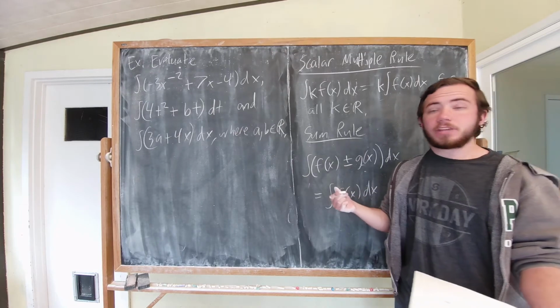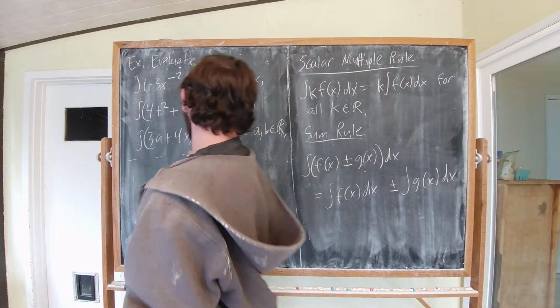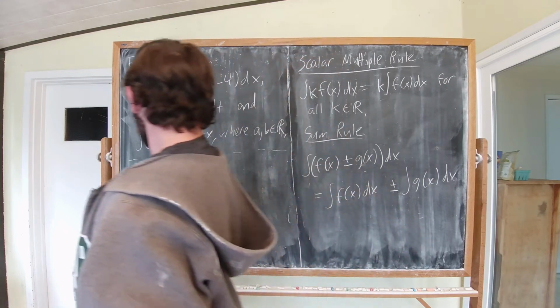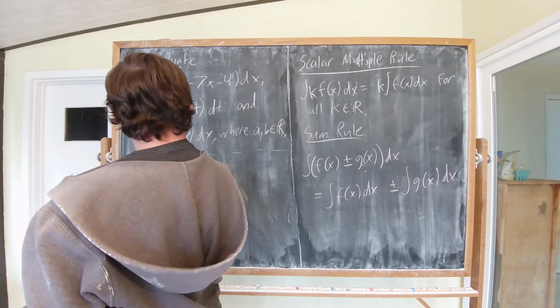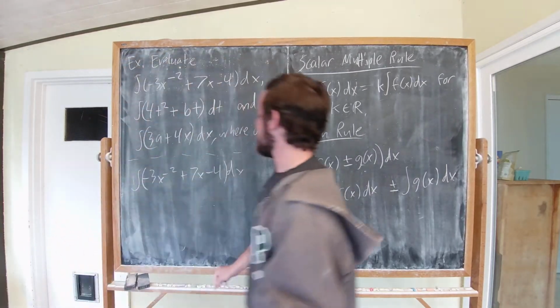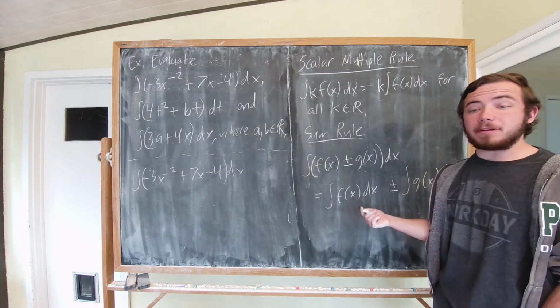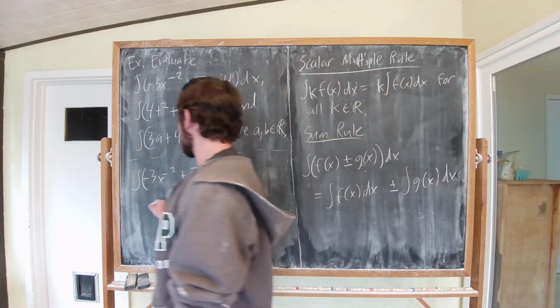Okay, this won't be too bad. Let's do the first one first. The integral of negative 3x to the negative second plus 7x minus 4 dx. Well, I see the sum of three things together. Let's use the sum rule to split all those up.